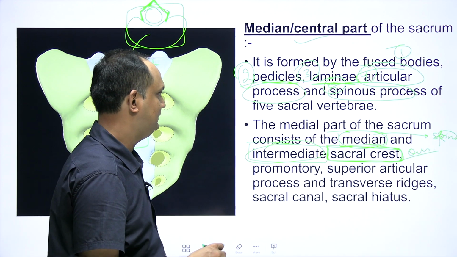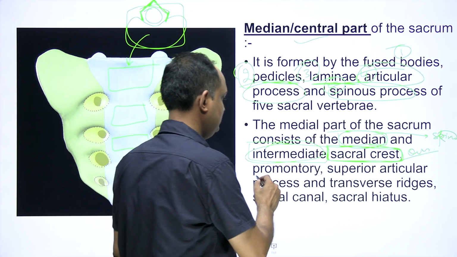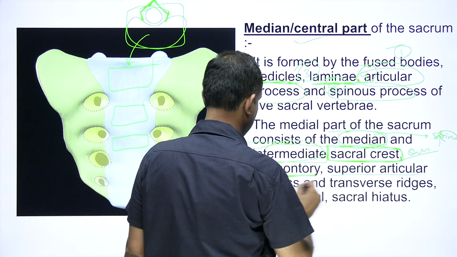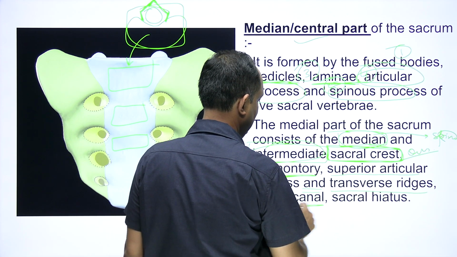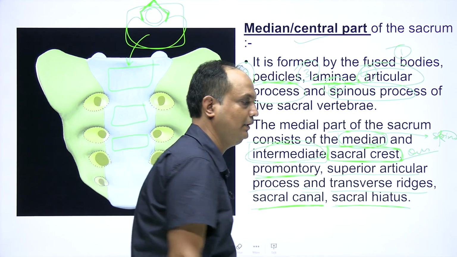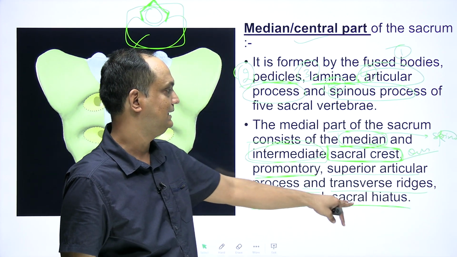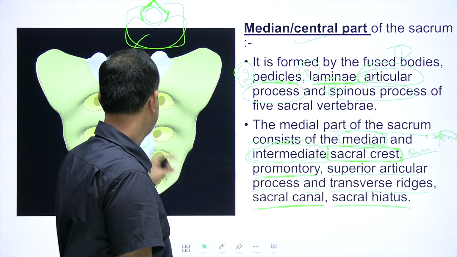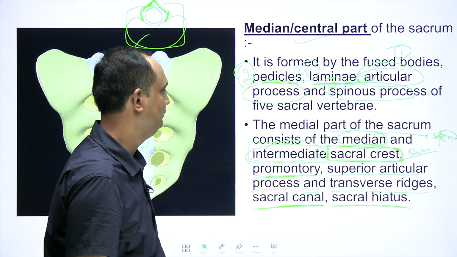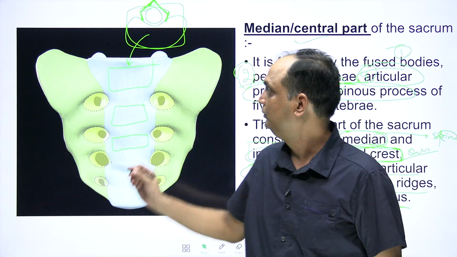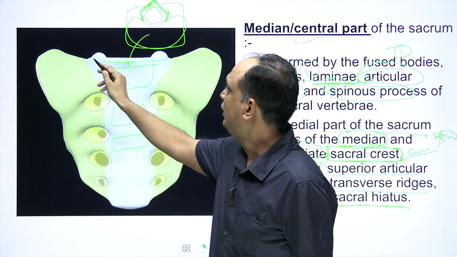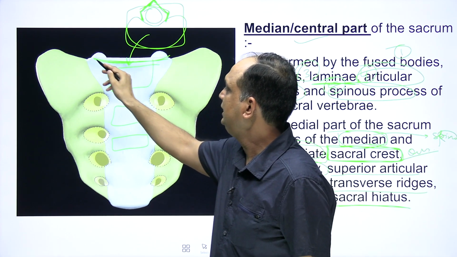Now apart from that, you have the promontory, superior articular process and the transverse ridges, which will have 2 other very important features: sacral canal and sacral hiatus. When you see this midline portion, you will find the sacral promontory. Now what is the sacral promontory?